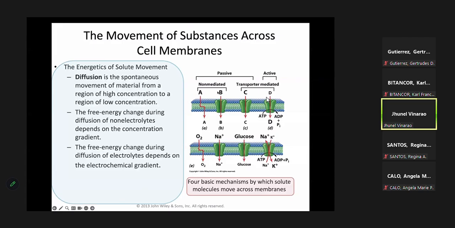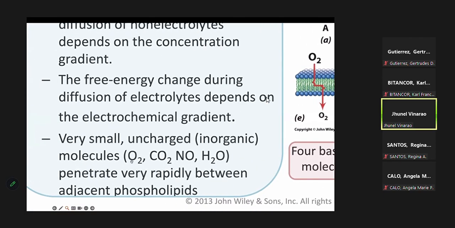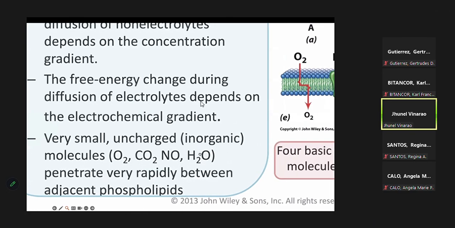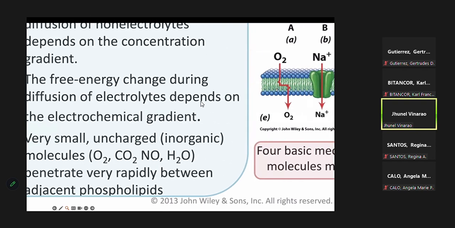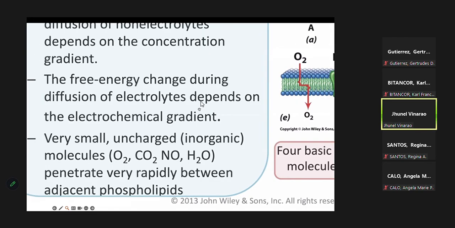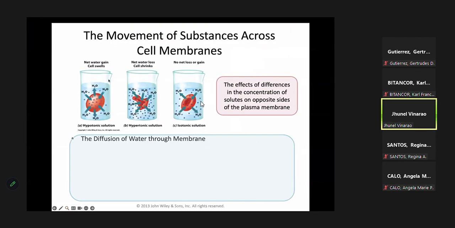So the non-mediated ones are just diffusion. The uncharged inorganic molecules can freely move: oxygen, carbon dioxide, nitric oxide, and water less so, because water is polar and we have non-polar ends of the lipids. But they can still cross. So just a review of the movements of water.